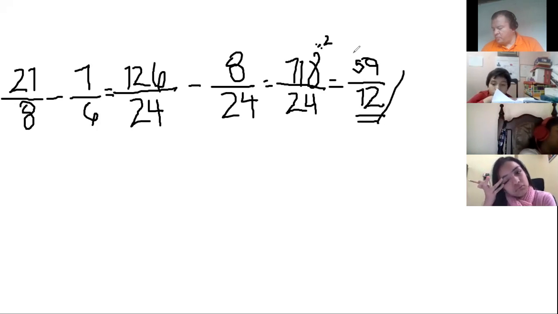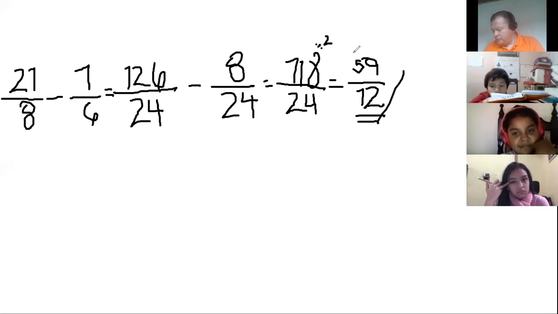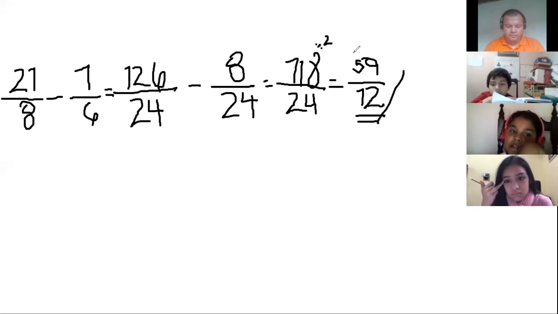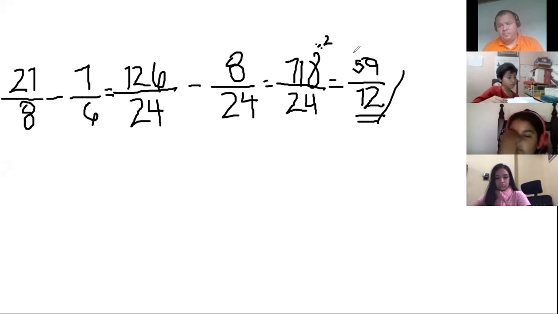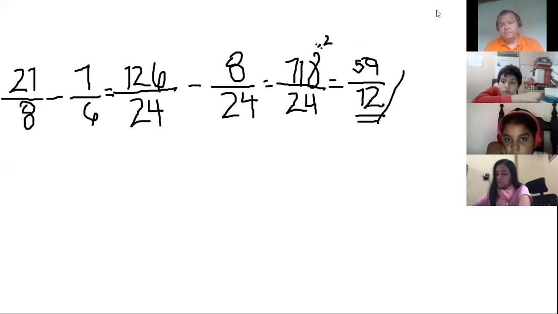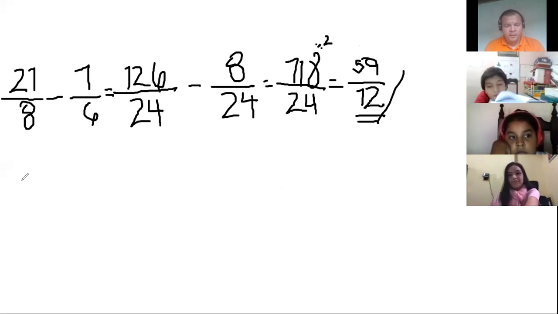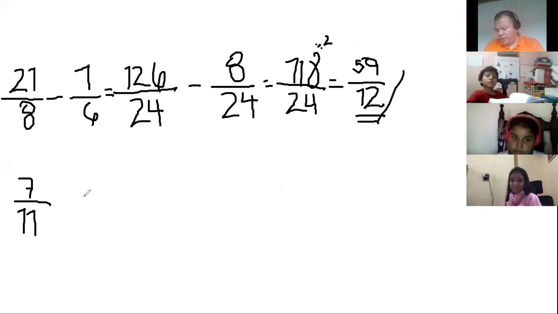Okay. And the last one. The last one is the same. 21/8 minus 1/6 is the same exercise. I think it appeared 2 times. So we have 711 plus or minus.